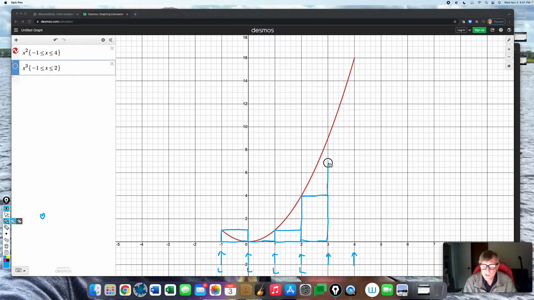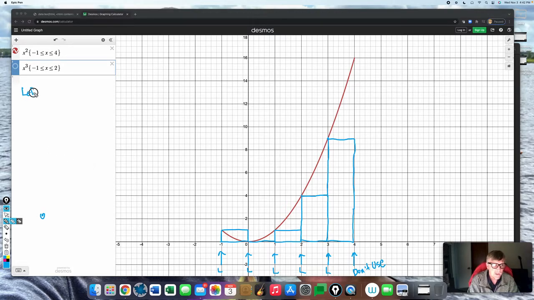Now the last left endpoint of a subinterval is actually at 3, even though the entire interval ends at 4. I don't use 4, because that y value would go into the next rectangle, which is outside the interval. So we're doing base times height, base times height, base times height. There are 1, 2, 3, 4, 5 rectangles because that's the number of subintervals I have.